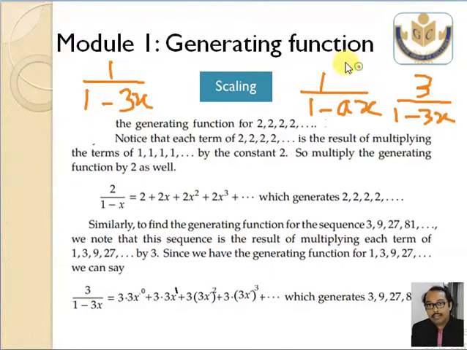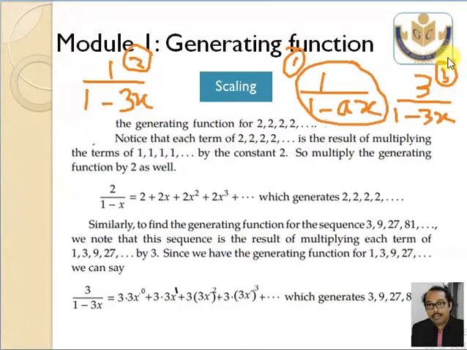So you first look at this one. This is your first. Now this will be your second one, and this will be your third one, and you will get this sequence.